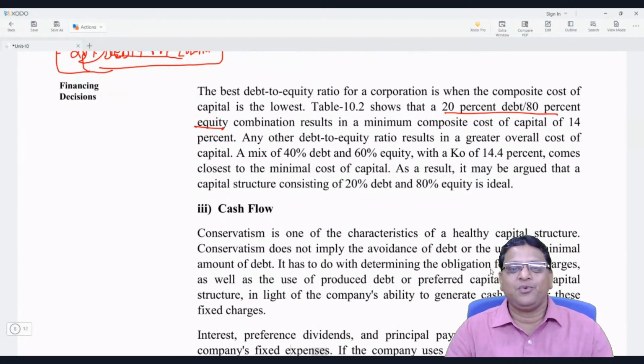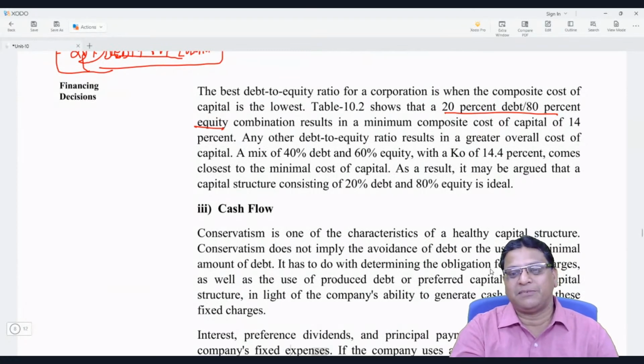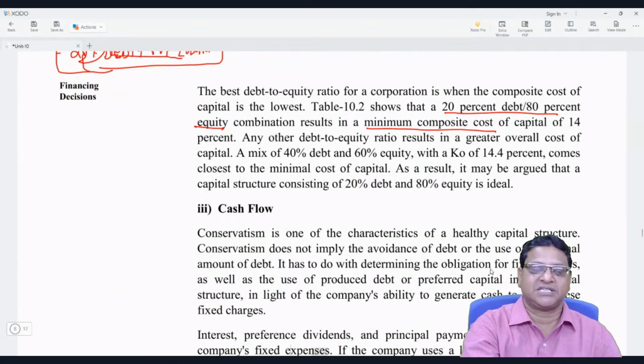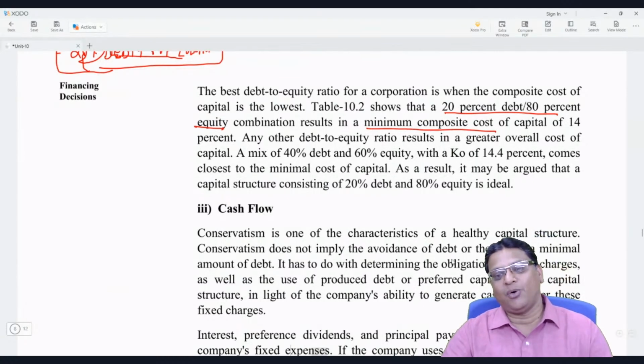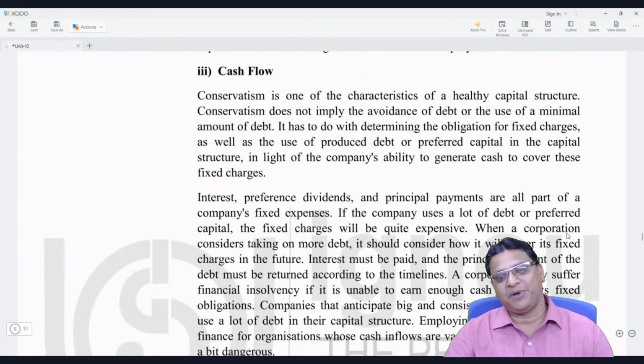Second point, we have to find out the optimum capital structure, or the weighted average cost of capital in all capital structures, and the capital structure which provides minimum WACC, or minimum composite cost of capital, or minimum overall cost of capital, that capital structure is best.